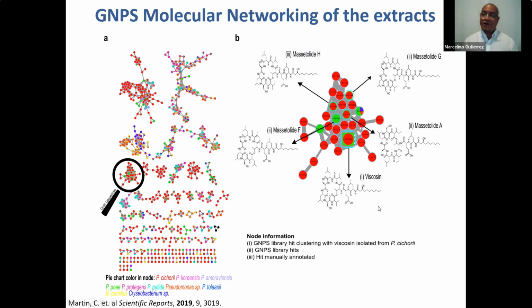And using this approach, we identified viscosin and macrolide analogs, lipopeptides that were present in the inhibition zone. So we replicated these compounds using GNPS molecular networking. You can see the paper here, Scientific Reports 2019. You can see more details on this technique.